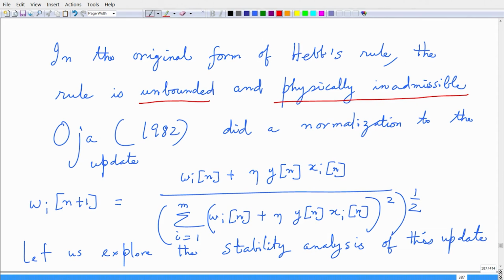That means, whatever update I have at time step n plus 1, I normalize that vector. That is what is happening here.